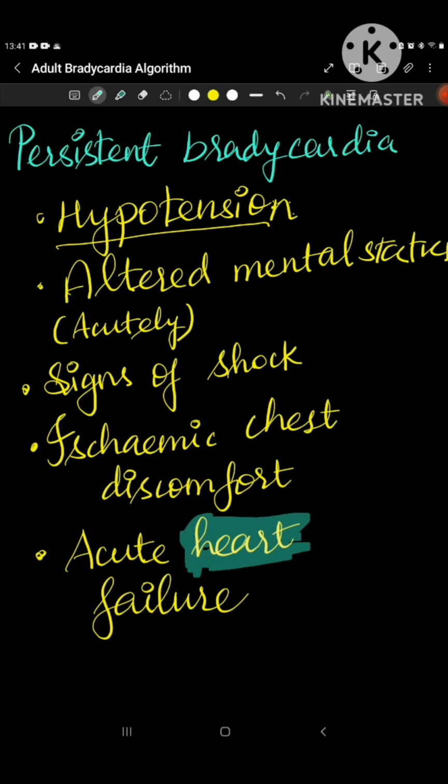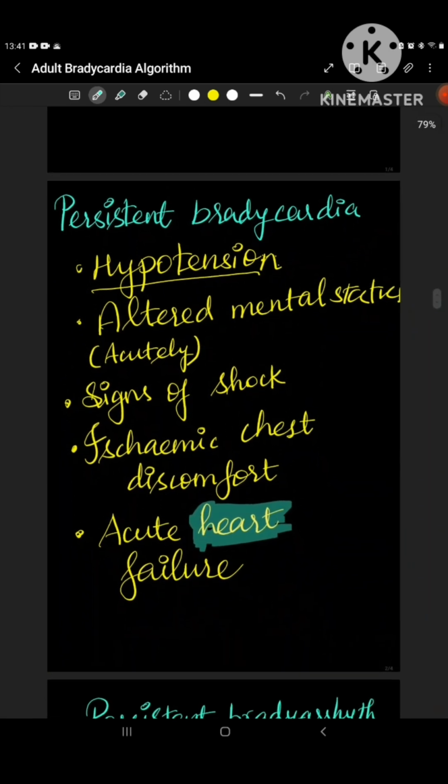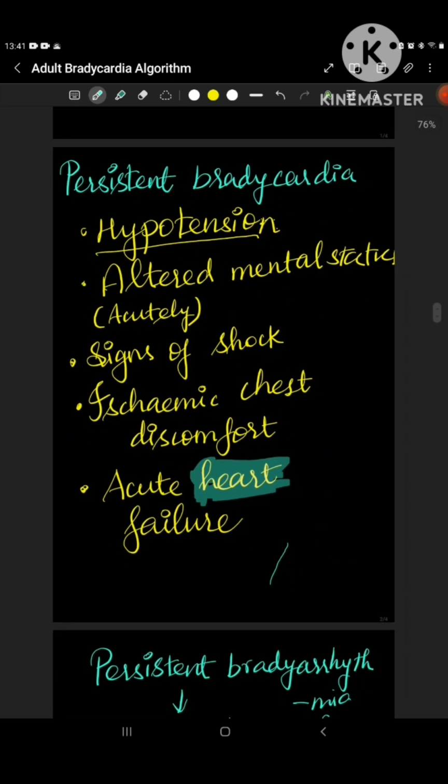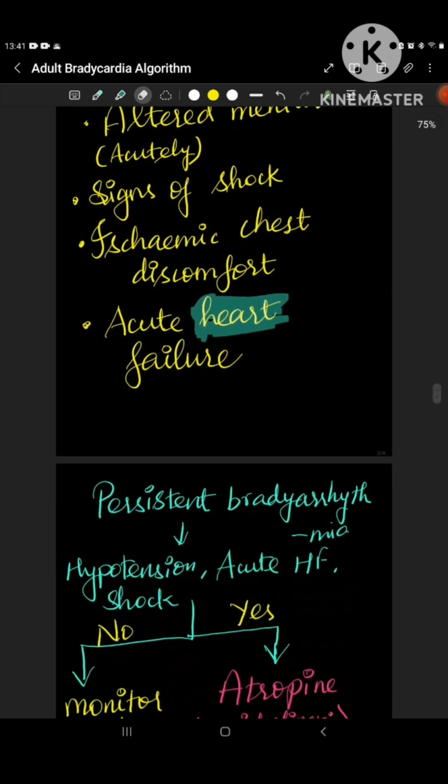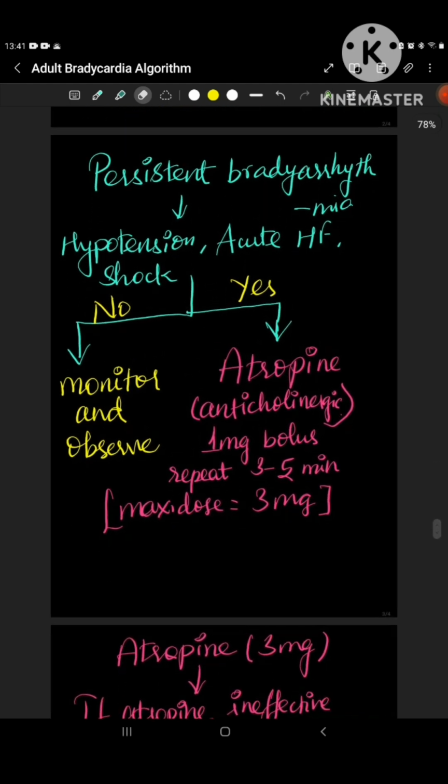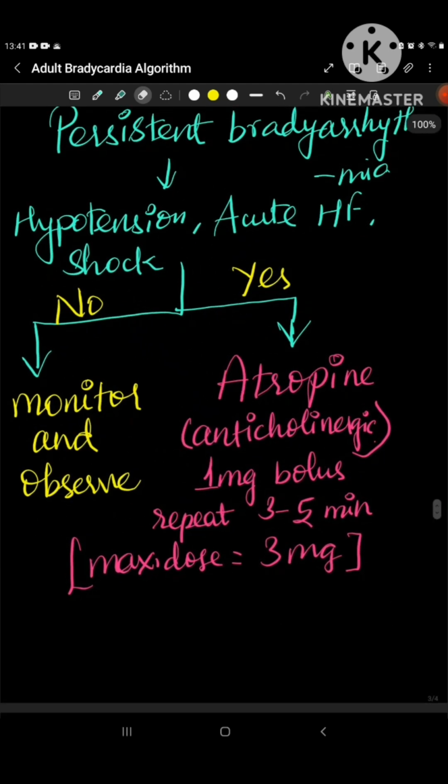There is hypotension, altered mental status, signs of shock, ischemic chest discomfort, acute heart failure. If these are present acutely, then we are going to consider the following algorithm. That is, if there is persistent bradyarrhythmia presenting with hypotension, acute heart failure, or shock. If it is just one or two occasions, you first measure the pulse rate, and if it's less than 50 beats per minute, you monitor again, at least 2 to 3 occasions.